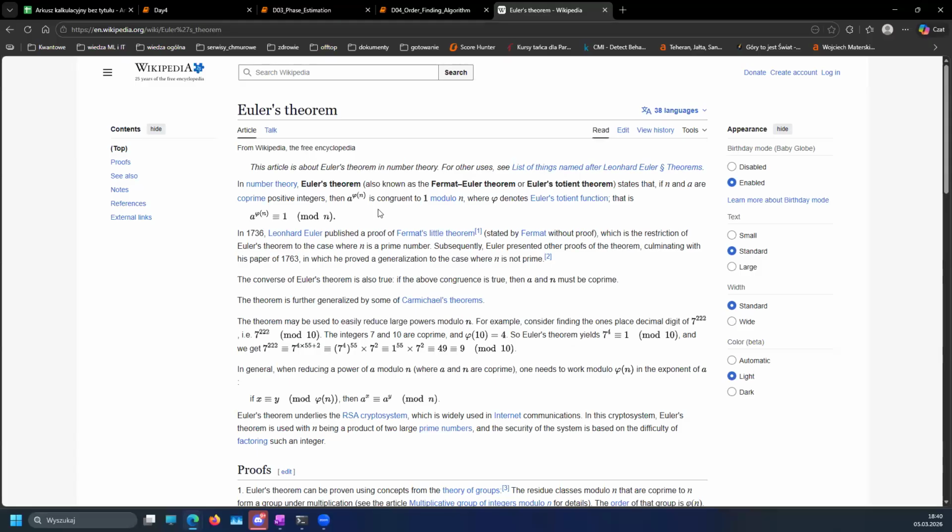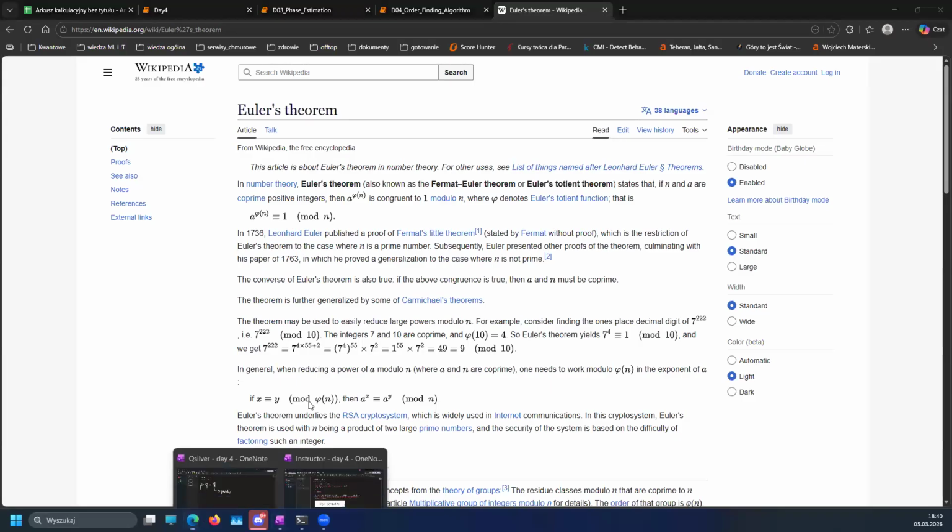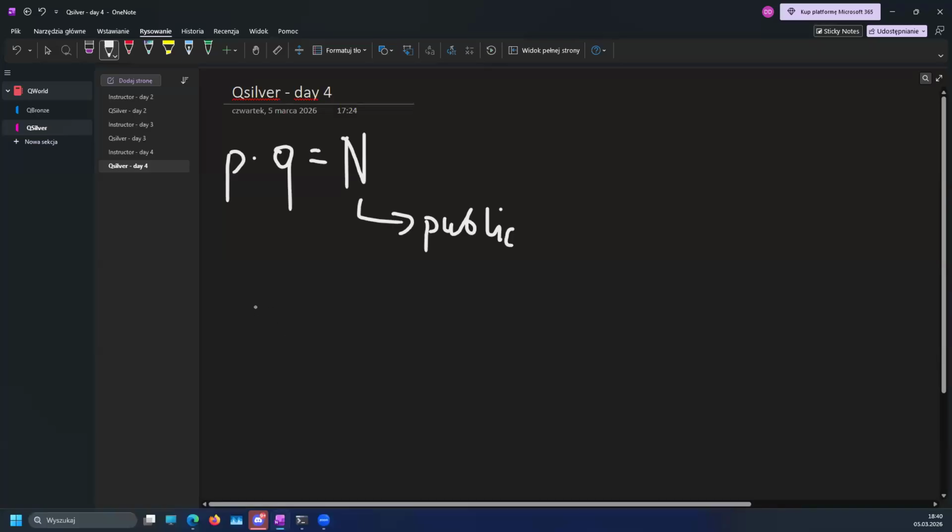So the greatest common divisor is equal to 1. And if we raise this number a to some power, eventually we will get a remainder of 1 when divided by N. So let's write it down.